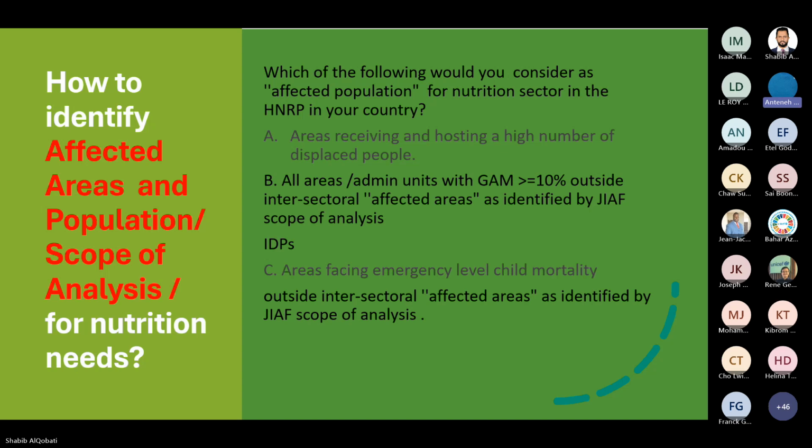So we have a case where areas receiving and hosting a high number of displaced people, areas or administrative unit with GAM greater than or equal to 10%, which are outside the affected areas as identified by the GF scope of analysis, areas facing emergency level child mortality, even though the area is outside the intersectoral affected areas as identified by the GF scope of analysis.